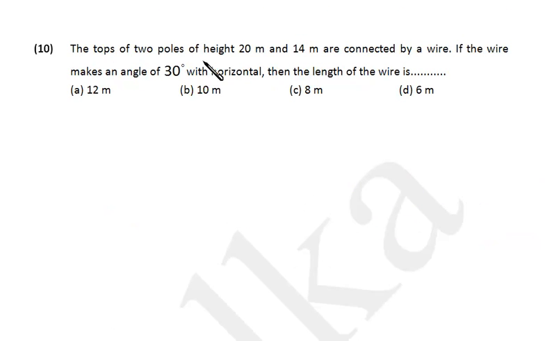The top of two poles of height 20 and 40 meter are connected by a wire. If the wire makes an angle 30 degree with the horizontal, then the length of the wire is. So I draw the diagram. One of the pole is of 20 meter and the other is of 14 meter.